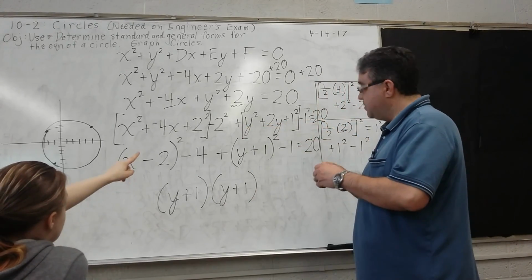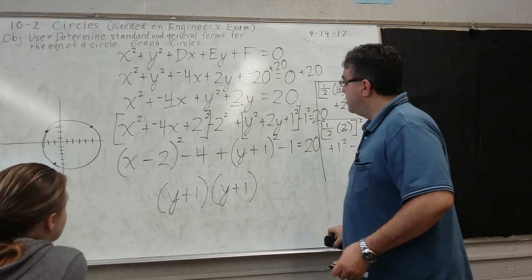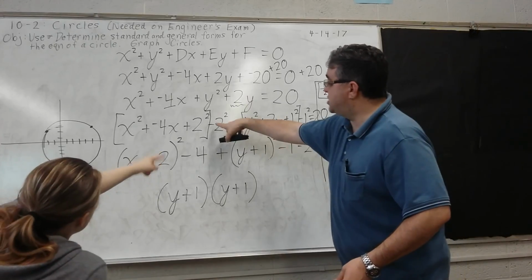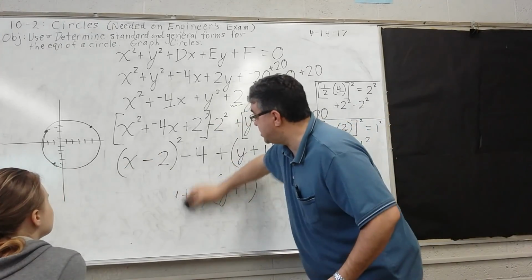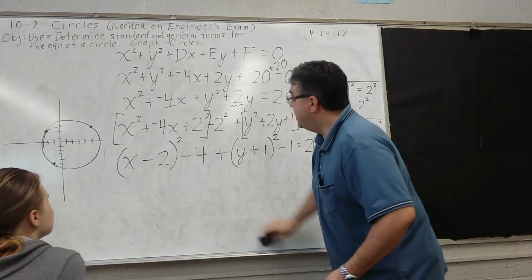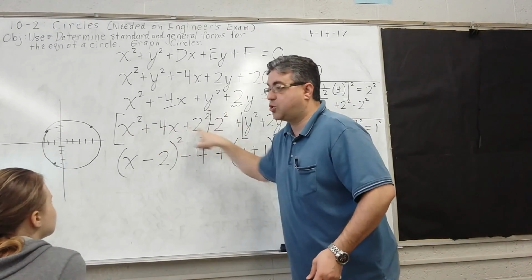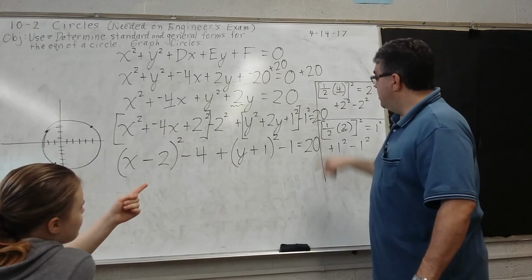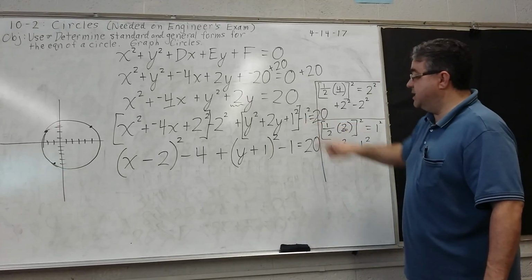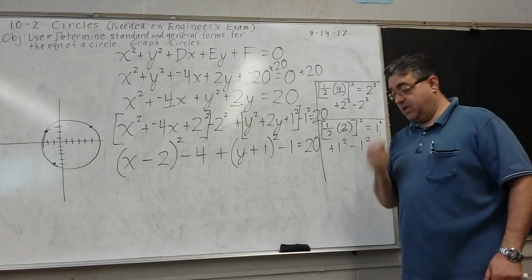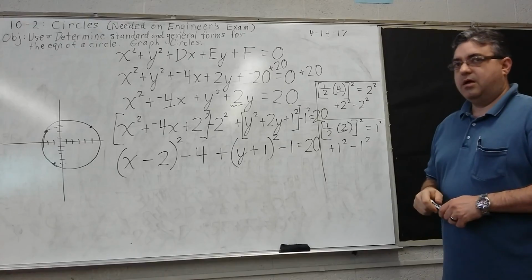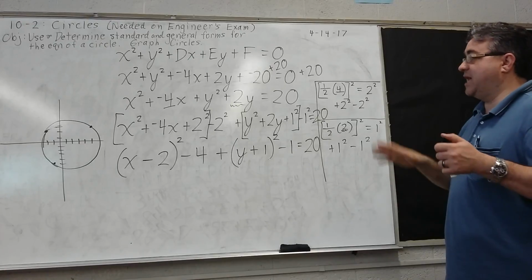I'm asking because that 2's not in the bracket. Oh, yes, I'm sorry. That 2 is not a part of the completed square. But the 1 is. The minus 1 here is not either. Both of those had to be left out.